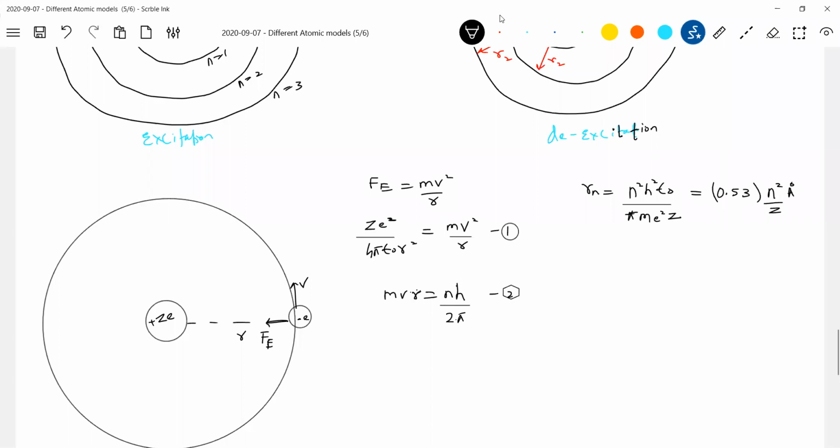So this is called a naught n squared over Z angstrom. What is a naught? A naught is called the Bohr radius, or books call it Bohr's orbit. It's better to remember this.